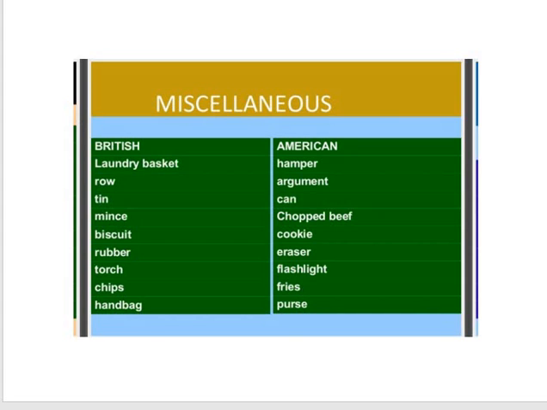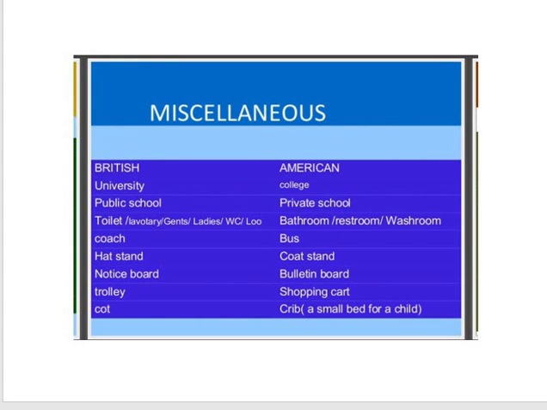Torch, flashlight. Chips, fries. Handbag, purse. And the other miscellaneous are university, Americans say college. Public school, private school. Toilet, laboratory. Gents, ladies. Bathroom, restroom, washroom.